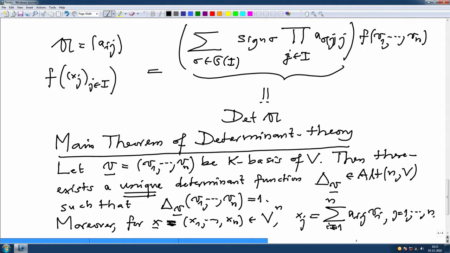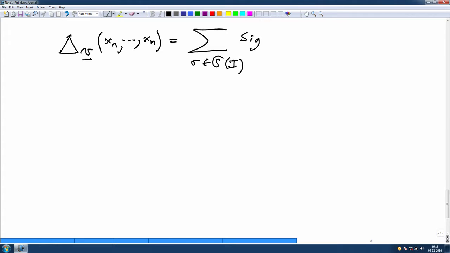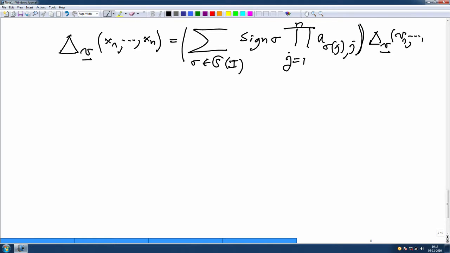If I take any such arbitrary tuple, then delta V evaluated at x1 to xn is equal to the summation over sigma in Sn of sign sigma, product over j from 1 to n of a sigma(j),j, times delta V evaluated at V1 to Vn, but this we are demanding to be 1.